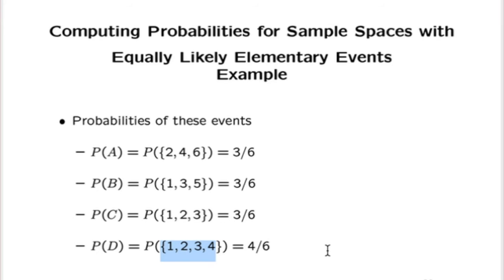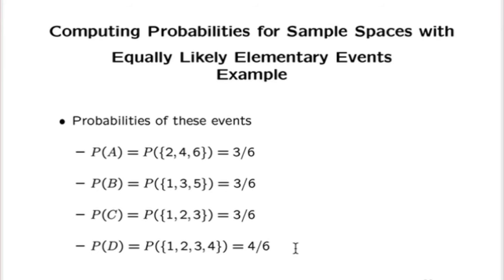Now notice that I've not reduced these probabilities. I left these as 3/6, 3/6, 3/6, and 4/6. In an algebra class, or in a lower level class, you'd probably have to reduce these to lowest terms.